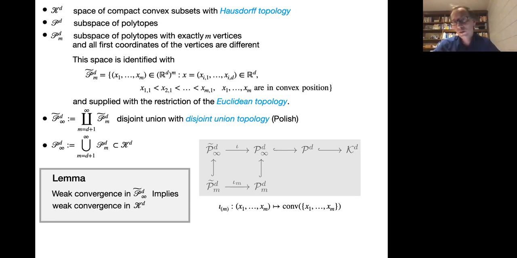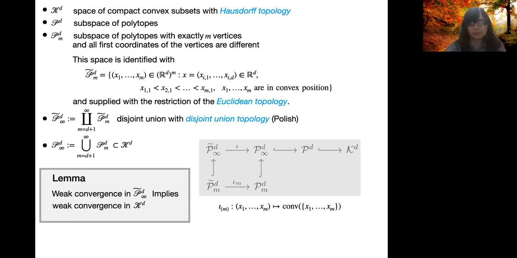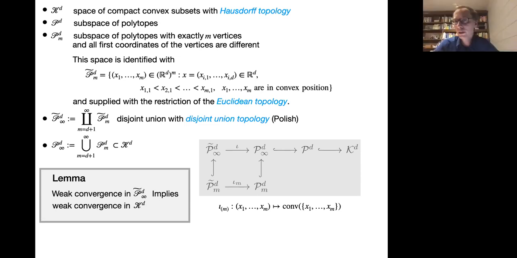You have access to the vertices, or the generating points of your random polytope, but that's all. And usually it's extremely hard to prove weak convergence of random polytopes because you have no idea how to put your hands on these objects. Support functions are not within reach.